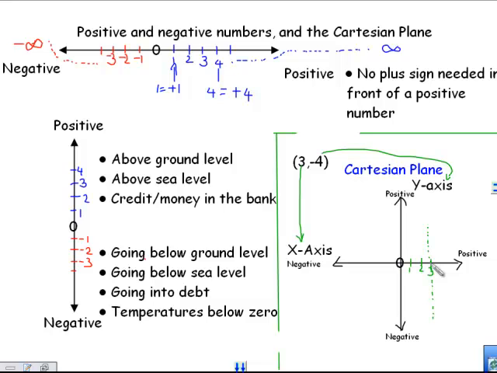At the same time, though, the y value has to be at -4. So I know it's a negative number because there's a minus in front of it. So I'm going to go into the negative side on my y-axis, -1, -2, -3, and -4. And I have to write the minus in front of these numbers because it's a negative number. And here is -4 on my y-axis.